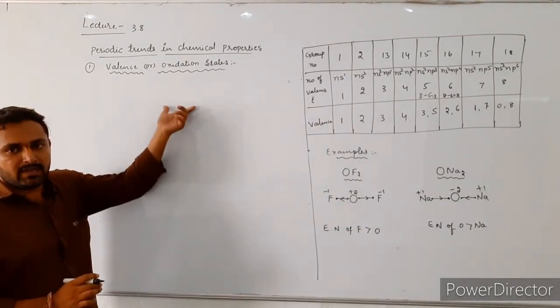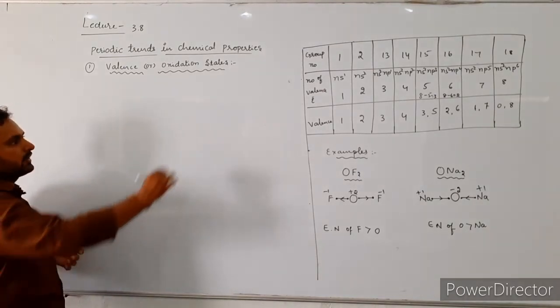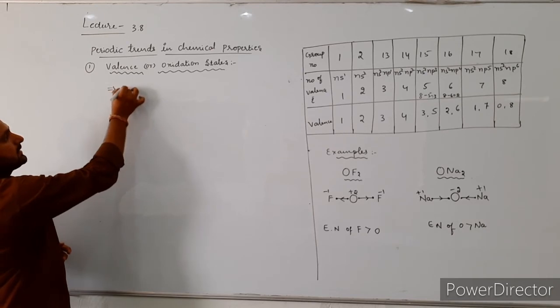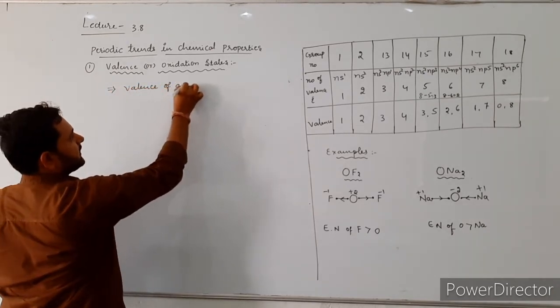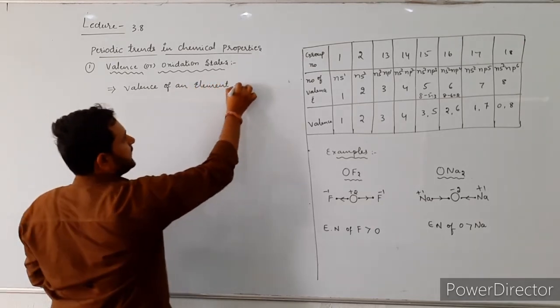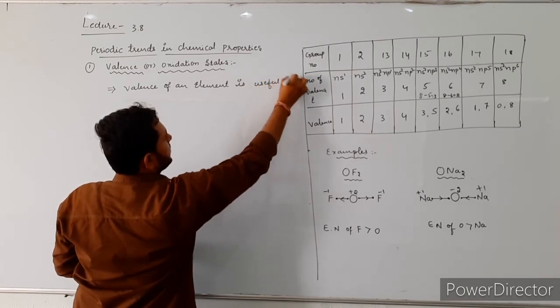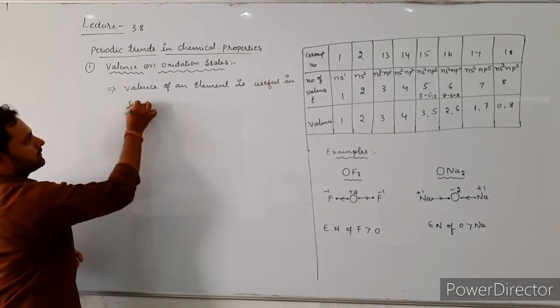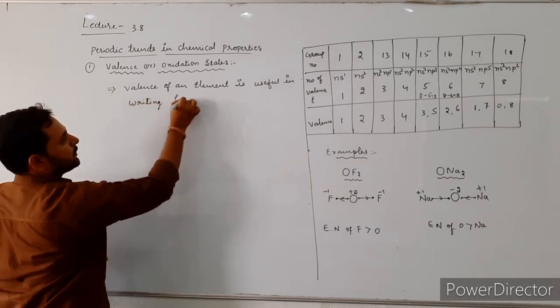Valence of an element is useful in predicting the formula of the compound. Valence of an element is useful in writing the formula of the compound.